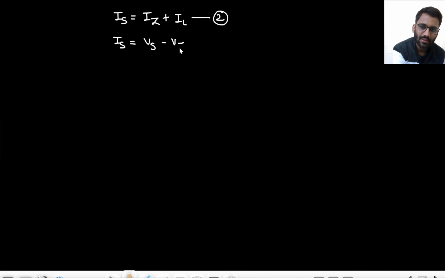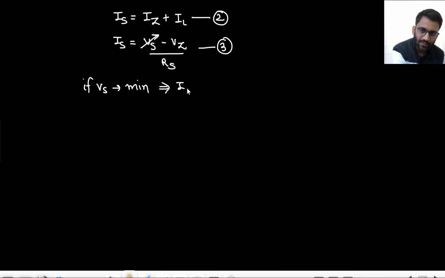This VZ is fixed, RS is fixed, only VS is varying. So if VS is minimum, that means your IS will be minimum, and IL is fixed. If IS is minimum, that means IZ will be minimum.